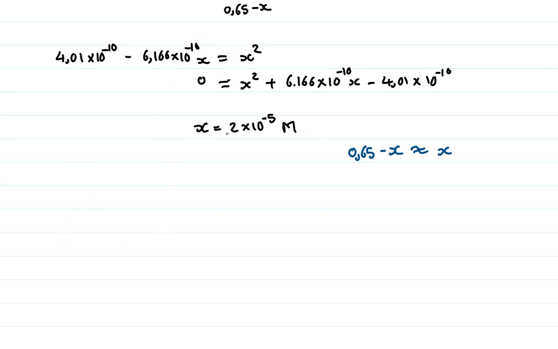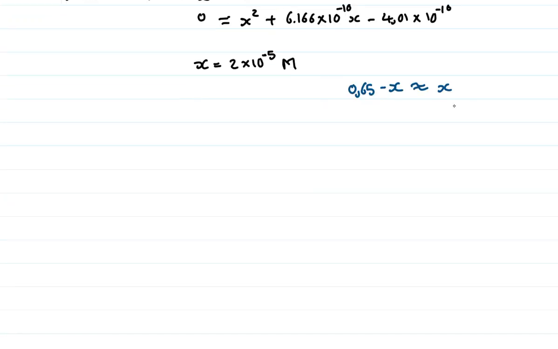So we're going to find the percentage dissociation if we did not assume that condition. The percentage dissociation is equal to 0.65 minus x divided by the initial concentration of hydrogen cyanide, which is 0.65, multiplied by 100.